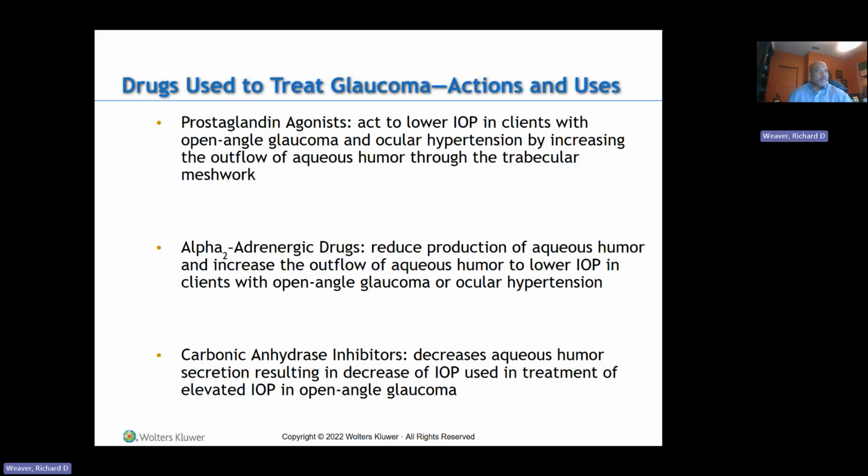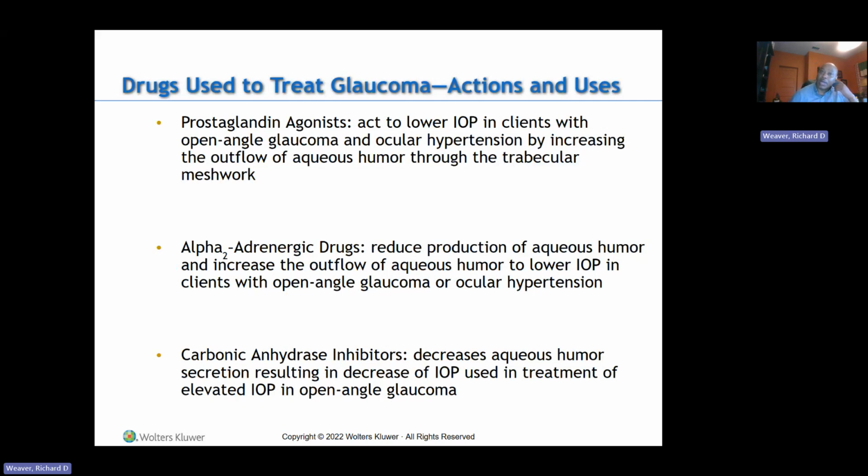All right. Now, as far as actions and uses for the drugs that we use to treat glaucoma, the drugs used to treat ophthalmic conditions are from the same classes of drugs used in other body systems and conditions. Like the adrenergic beta blockers, we use them for other things, but we also use them for the eye as well. Now, the drugs are grouped according to their active ingredients.